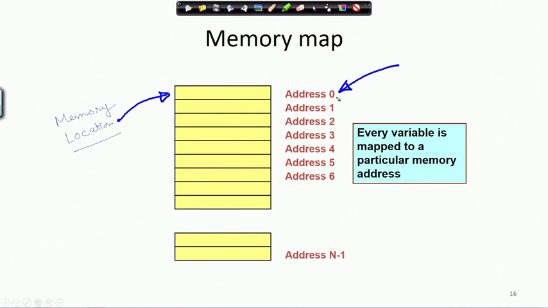So, here we are showing 1, 2, 3, 4, 5, 6, 7, 8, 9. Actually there are more locations which have not been shown. So, we are showing n locations, and each of these has some address.